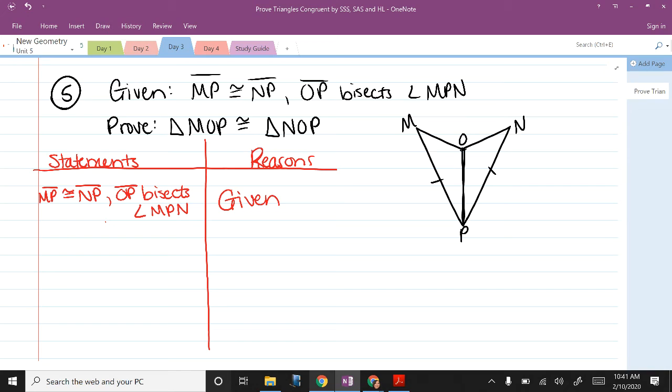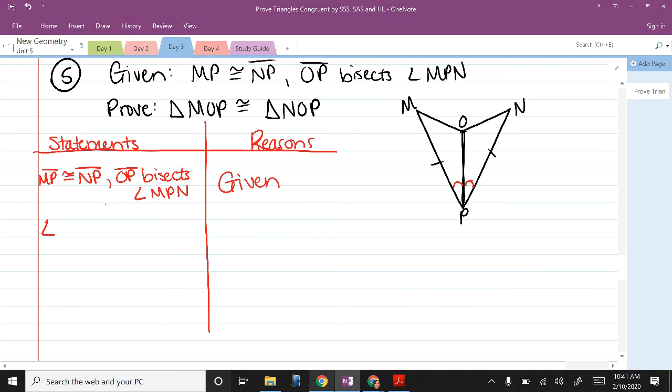What does that mean that it bisects it? Cuts it into two congruent parts. Exactly two congruent parts, right? So basically both angle P's down here are going to be congruent to each other, right? So put that in a statement for me. Name those angles correctly.